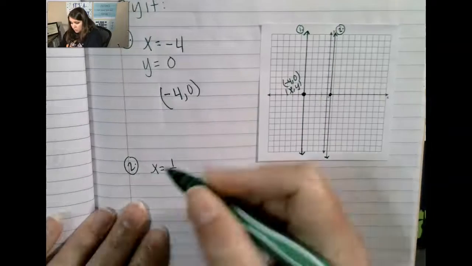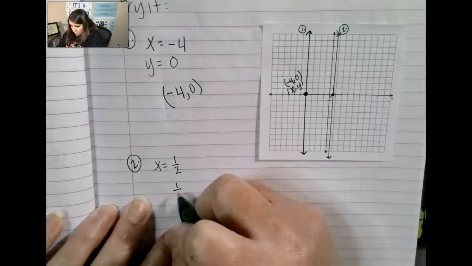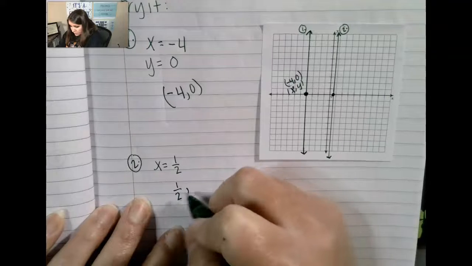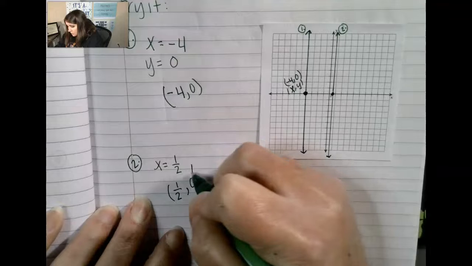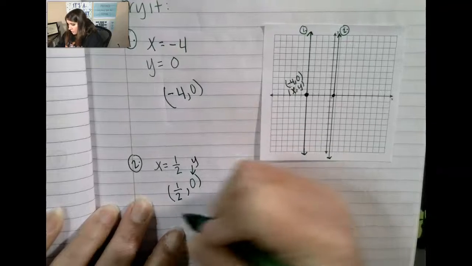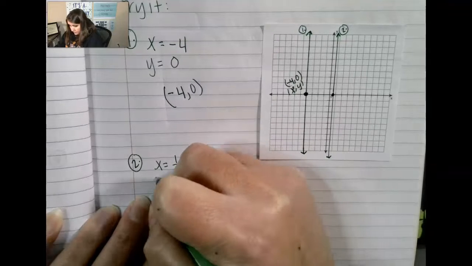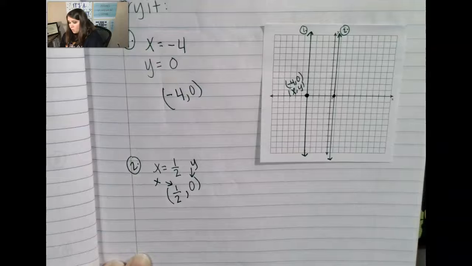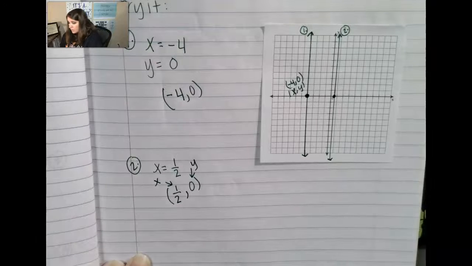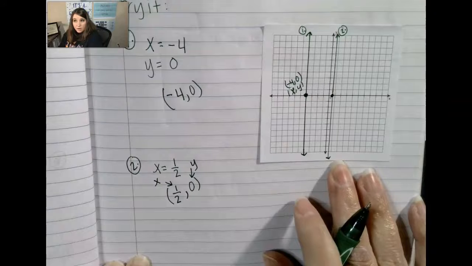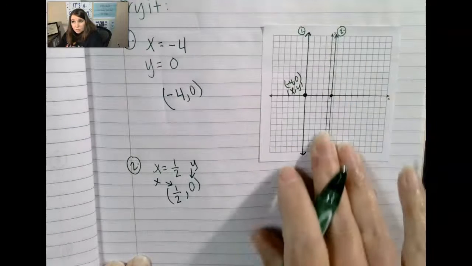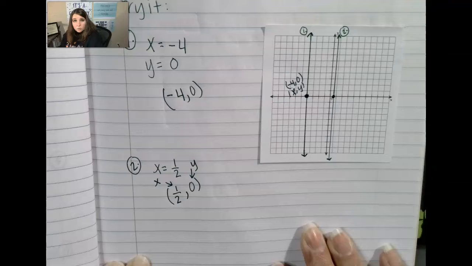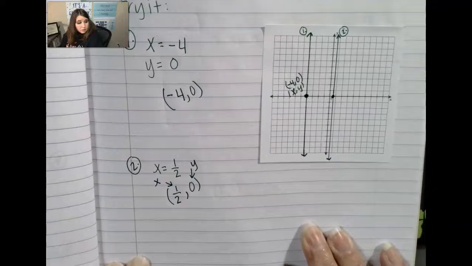So there's line number 2. Your 1/2, comma 0, y value is going to be 0 until we know what the y value is. So until they tell us, you will have a vertical line that runs up and down. It can include every single y value known to the universe.